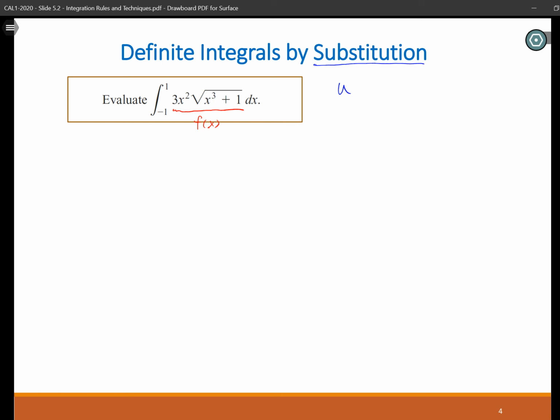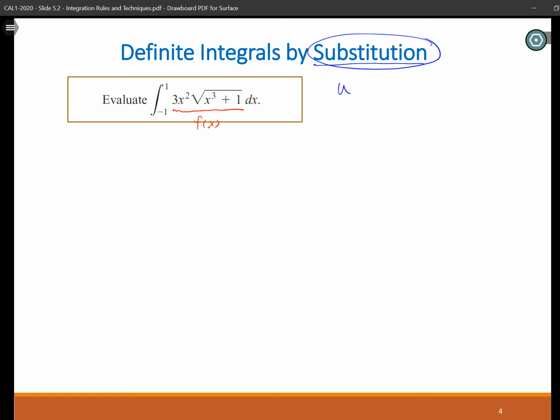Should I go with the 3x squared, x cubed, or the whole square root thing? The answer is that there is no specific way to substitute u in, because this is about substitution. It's up to you where to put u in. But if you put u in the right place, you can solve nicely. If you put it in the wrong place, you will get stuck.